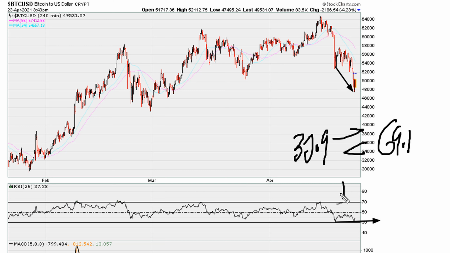So this is positive divergence. In the short term, it could give the bulls a reason to see prices recovering. And we know that if this is violated to the downside, that's going to be a fresh sell signal.